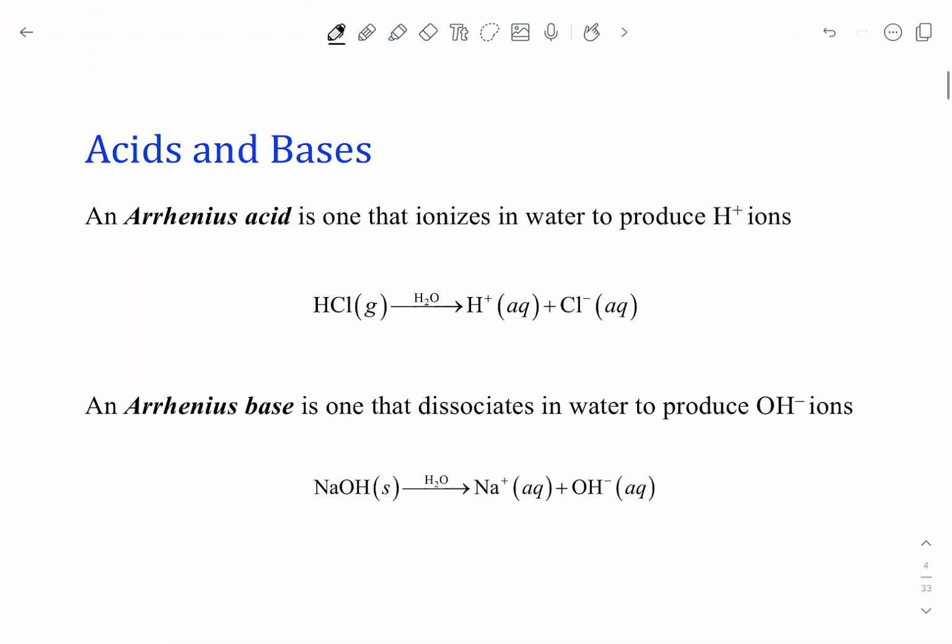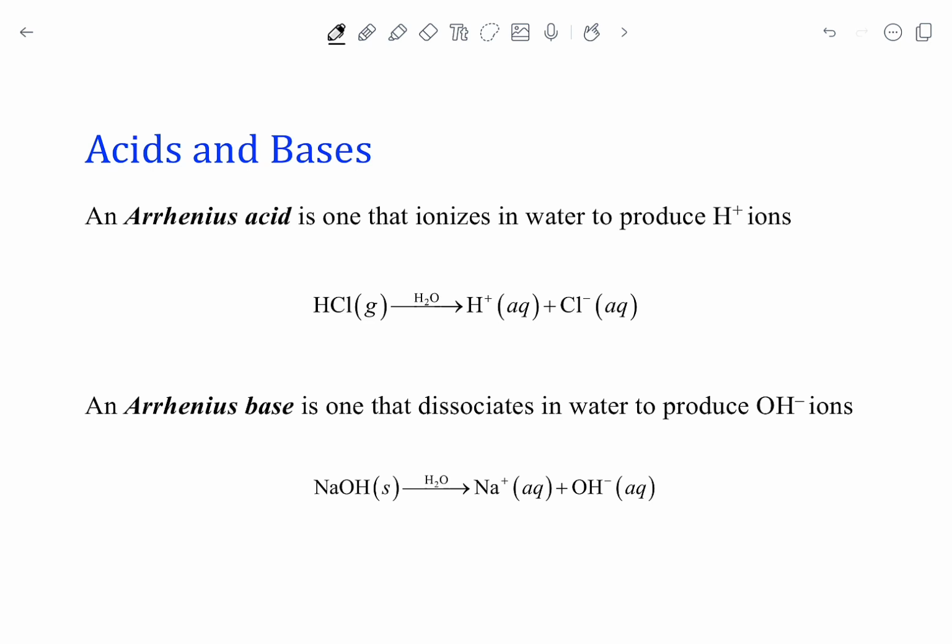We can further define acids and bases. We have 2 different definitions for them. The first is the Arrhenius definition of acids and bases. And this is what we were discussing previously, where an Arrhenius acid is one that ionizes in water to produce hydrogen ions, H+.